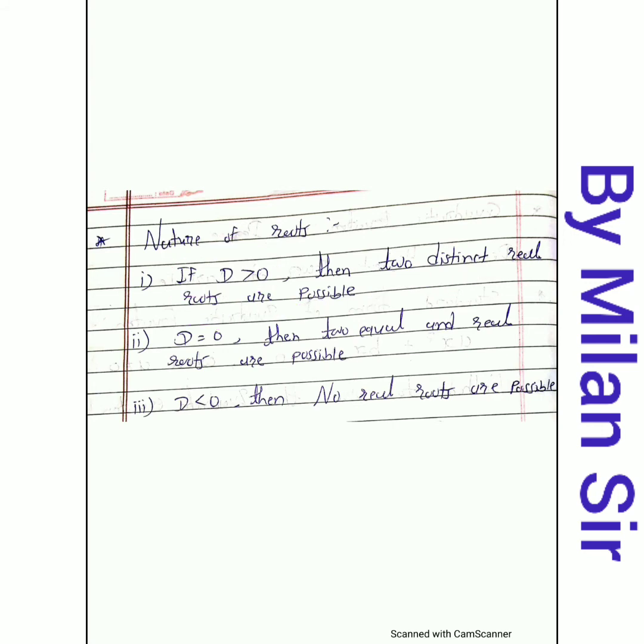If D is equal to 0, then two equal and real roots are possible. That means here we will get two roots, but both roots are the same. And if D is less than 0, then no real roots are possible.